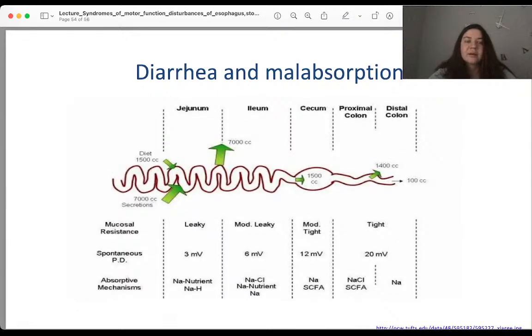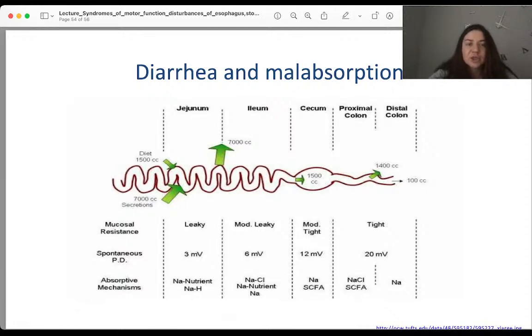And you see the pathophysiological connection between diarrhea and malabsorption. At the level of the jejunum, the mucosal resistance will be leaky. Spontaneous PD may be nearly 3 millivolts, and absorptive mechanisms are affected, sodium nutrients and sodium water transport.